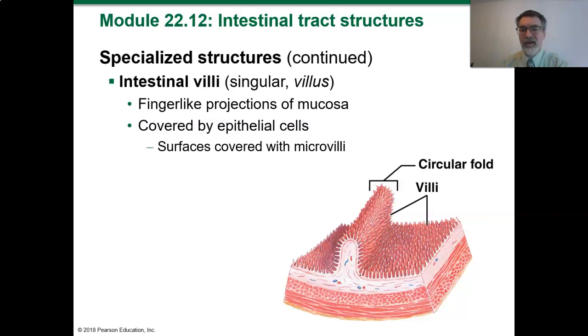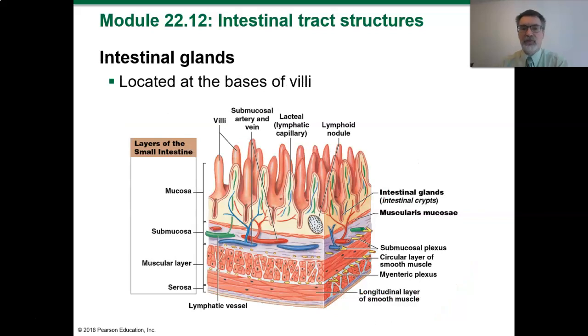And then all of the columnar epithelial cells of the intestines have microvilli on them, a large amount of surface area. So we said in AP1 in the cell chapter that microvilli help to increase the surface area of a cell for absorption. So all of these give a large amount of surface area to the intestines.